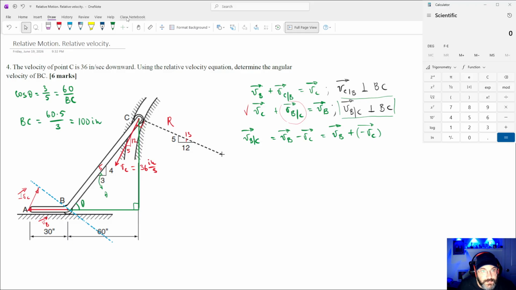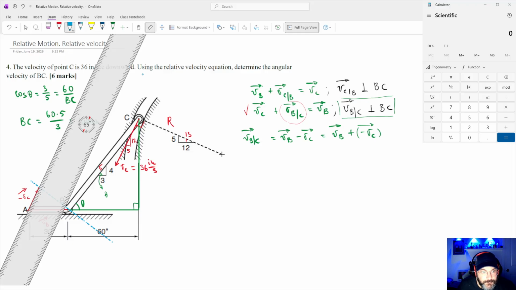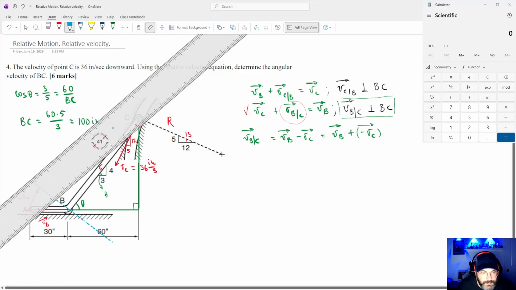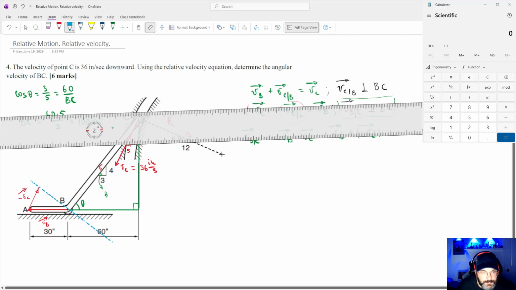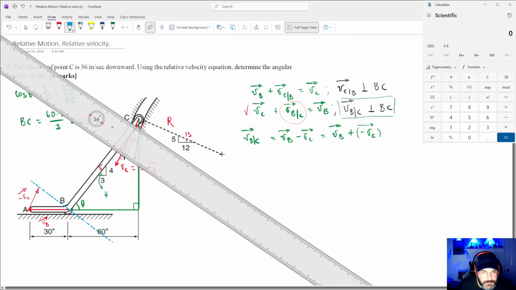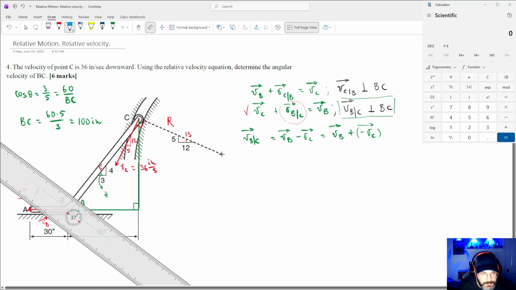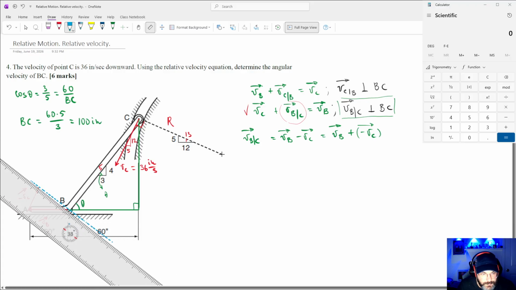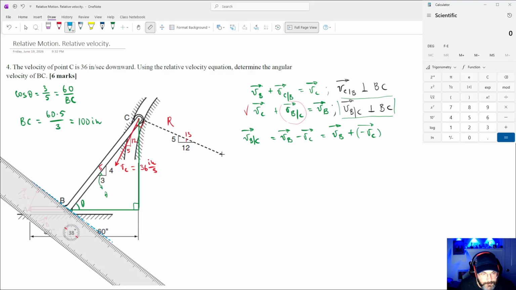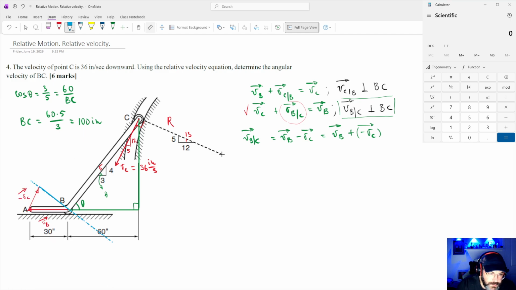Okay, and then this vector there is going to be our relative velocity vector. So as you can see, extremely straightforward. So this is velocity of B relative to C. So that's it.